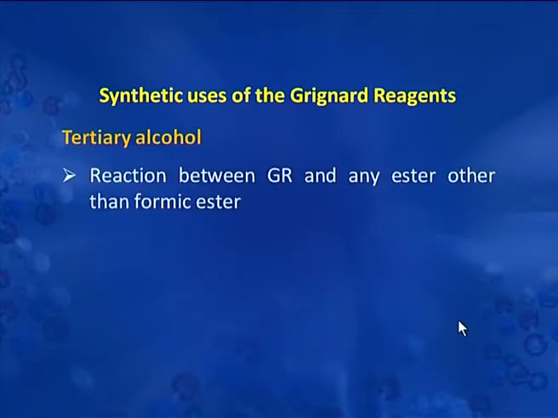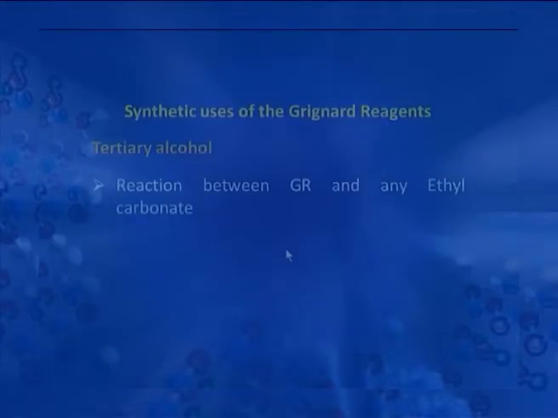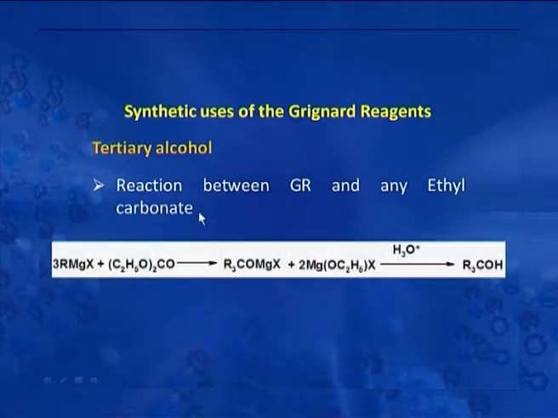Tertiary alcohol is also formed by the reaction between Grignard reagent and any ester other than the formic ester. Here again we use two molecules of Grignard reagent followed by hydrolysis. In the reaction between Grignard reagent and ethyl carbonate, tertiary alcohol is formed.